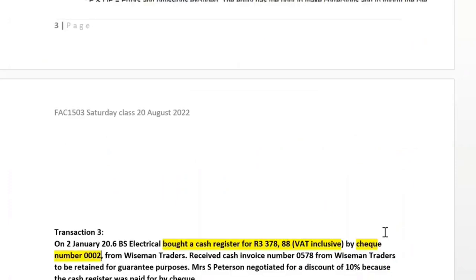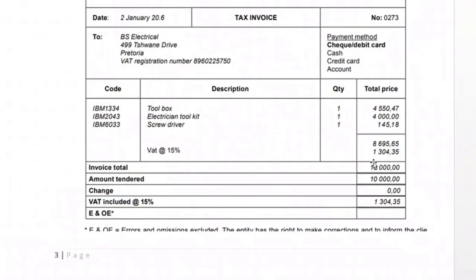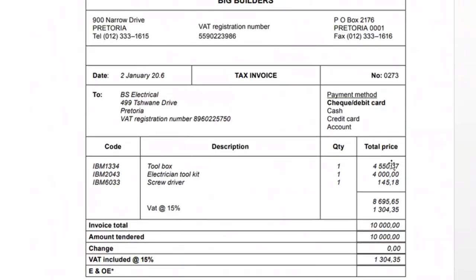I just want to know how they got to the amount excluding VAT, and the VAT amount of 1,304.35 on this tax invoice.